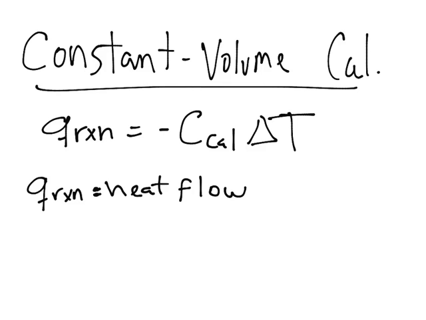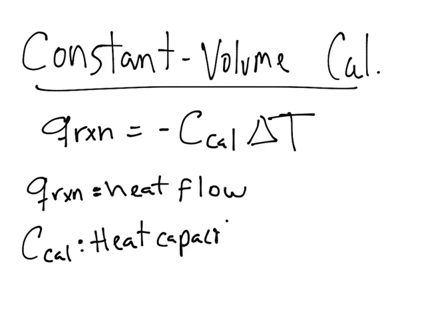The C subscript cal stands for the heat capacity of the calorimeter. I talked about heat capacity in the previous video. If you're not confident with what heat capacity is, you should probably watch it. And so the C cal is the heat capacity of the calorimeter.